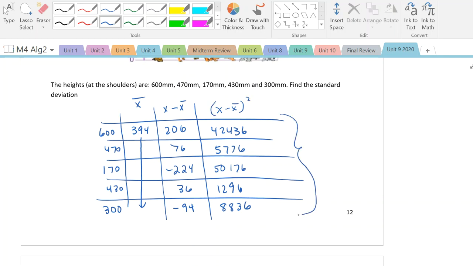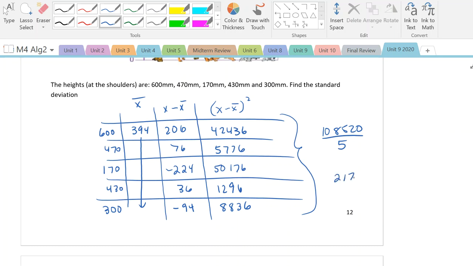Now I need to find the average of these. It's 108,520 divided by, there are 1, 2, 3, 4, 5, 5 in this entire population. We're dealing with this as a population. That's going to be important in a little bit.